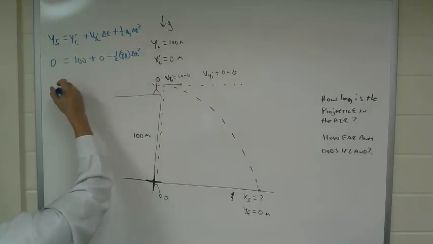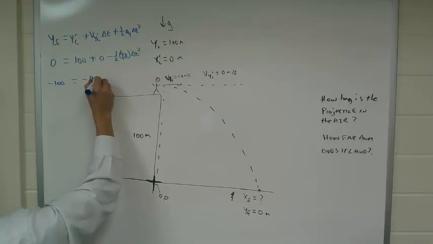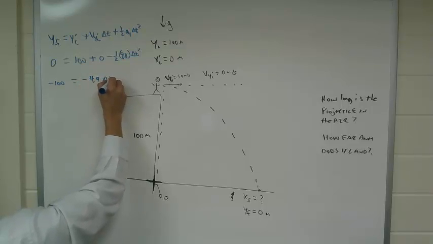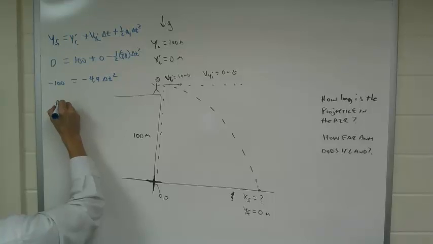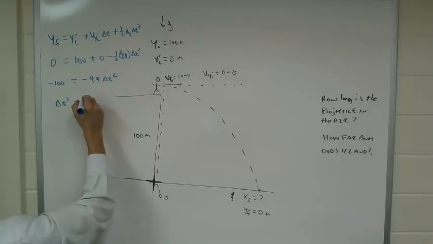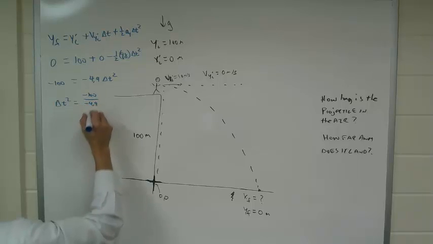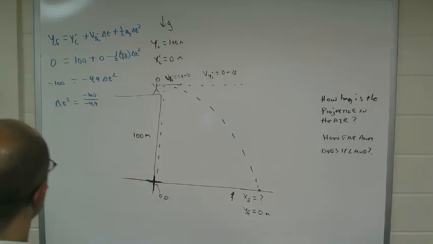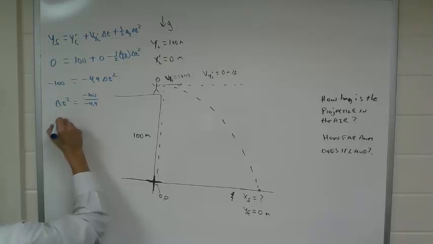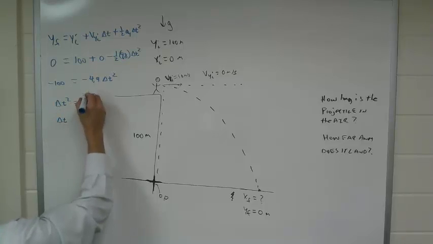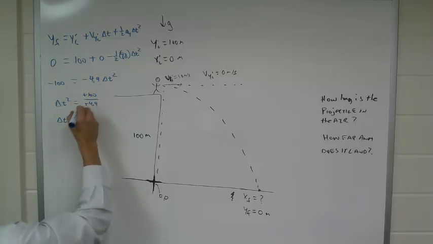We can solve this because this is minus 100 equals negative 4.9 delta t squared. Or delta t squared equals negative 100 divided by 4.9. And then we can take the square root and these two negatives will cancel.